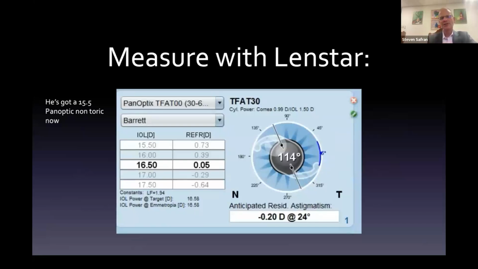So what I do is I measure with the Lenstar in pseudophakic acrylic mode, and I take the pre-op AC depth and white-to-white measurement, AC depth and lens thickness measurements, and plug that into these formulas. And he's got a 15.5 lens in there now, and it says he would be about 0.73, which is very close to his spherical equivalent in his refraction.